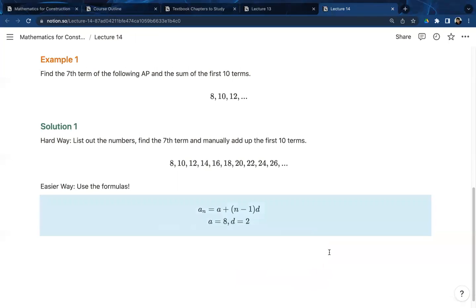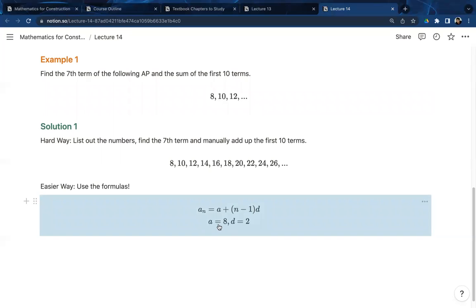We know the formulas, and we know what the values d and a are. They give it here. This is an easy question. The first term is a, which is 8, and the common difference we saw from the 3 terms up here. To go from 8 to 10, I add 2. To go from 10 to 12, I add 2. So the common difference is positive 2.